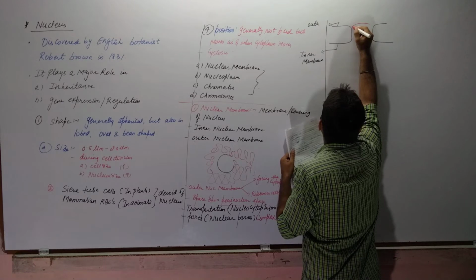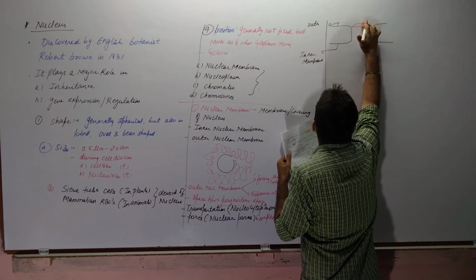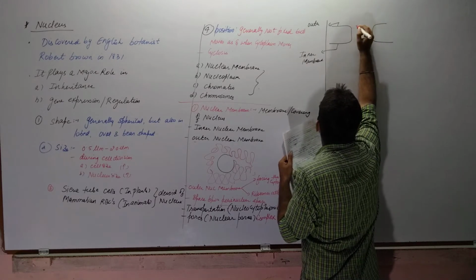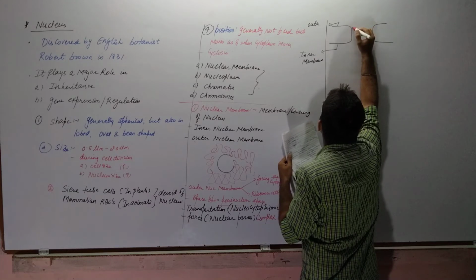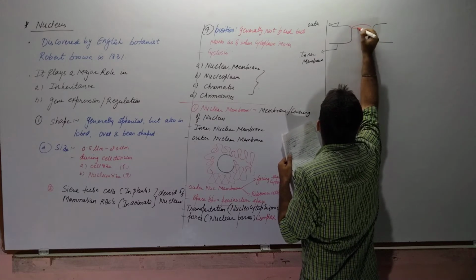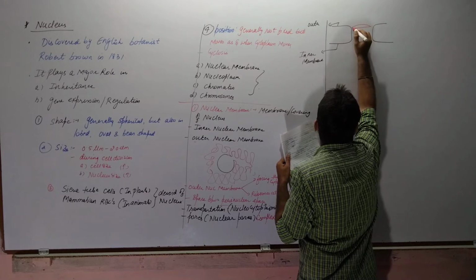How is it drawn? This middle structure is basically the area for the nuclear pore complex, or it is also written as annula.